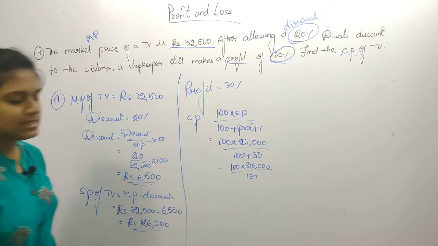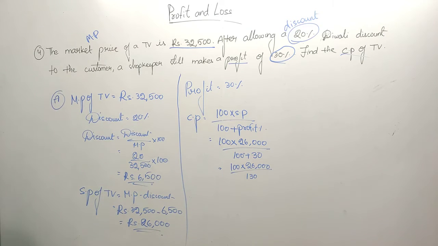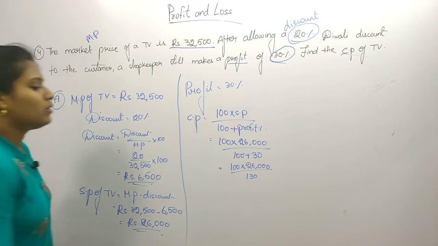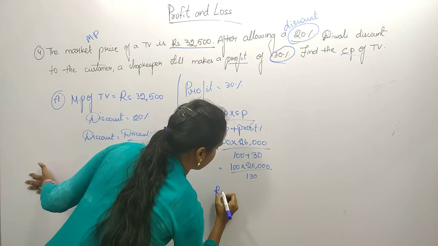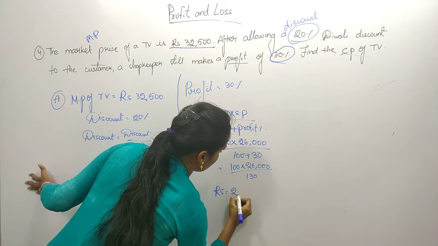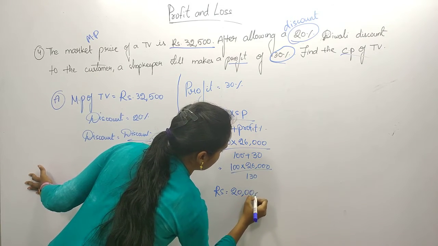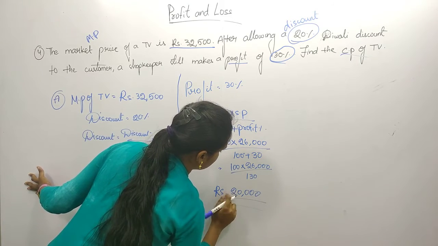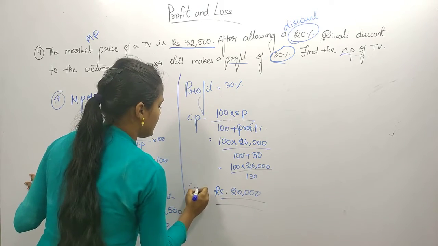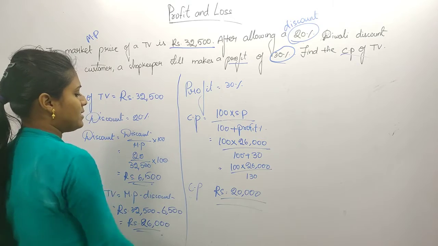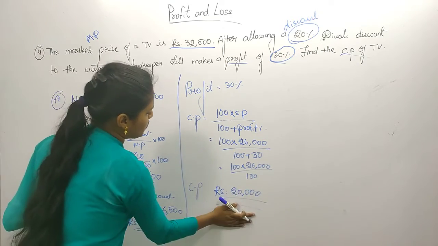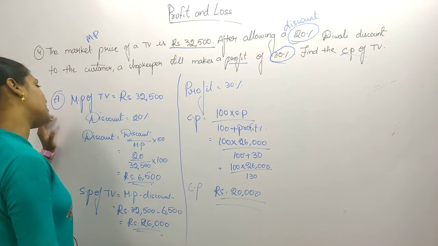After doing the cancellation of all these, what final answer will we get? Rupees 20,000. We found the cost price. The cost price of the TV is rupees 20,000.